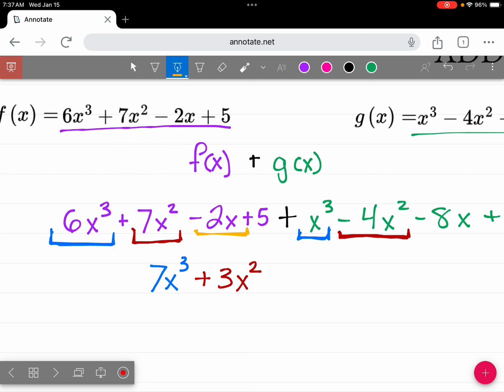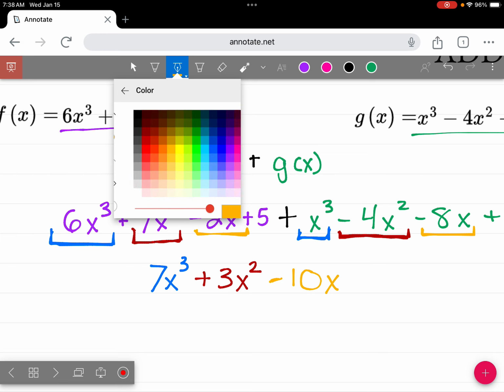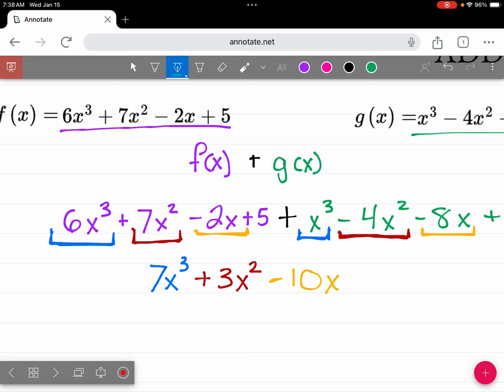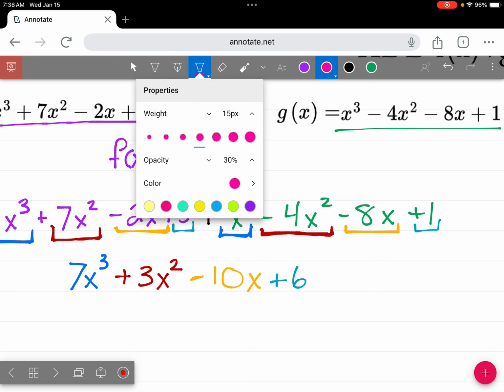Our x's? Minus 10x. I owe you $2 and I owe you $8, so combined I owe you $10. When in doubt with negative numbers, think about it as money. We are usually significantly better at keeping track of that. And then our numbers: I've got a 5 and a 1. 6. Ta-da! We did it. This is our answer.